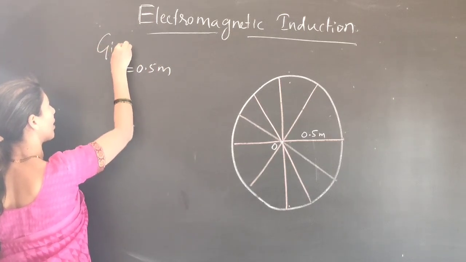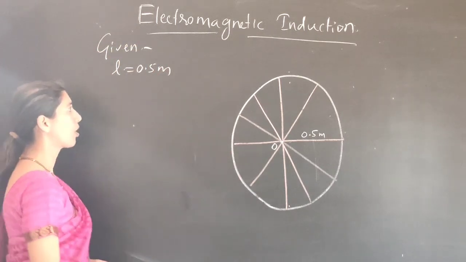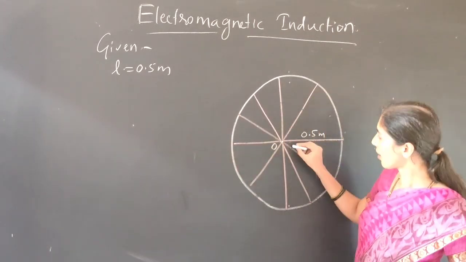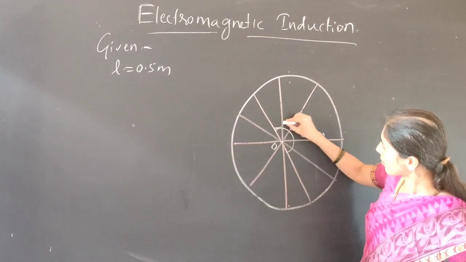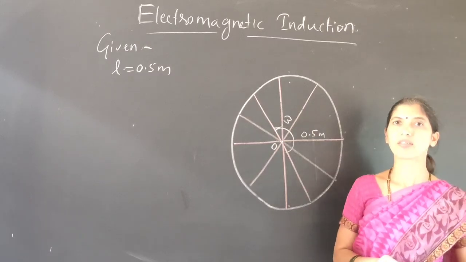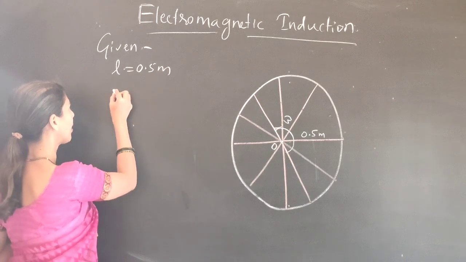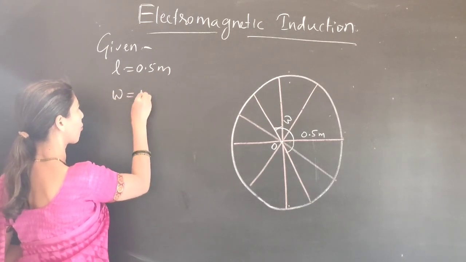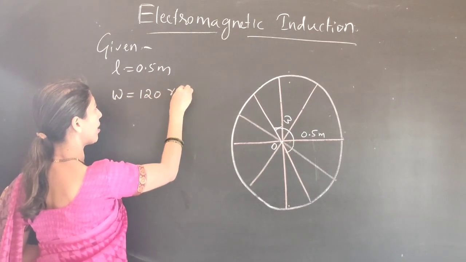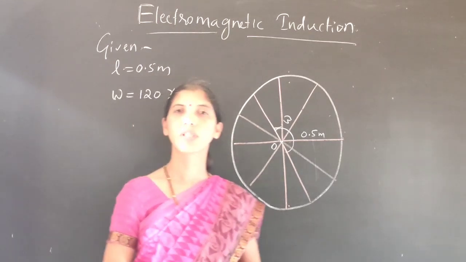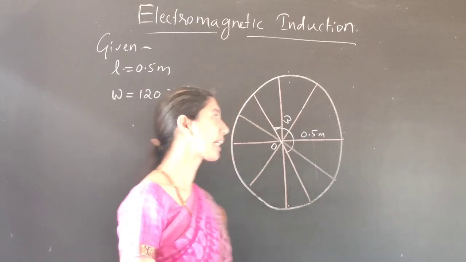These are the given quantities. 0.5 meter. And here this is rotated with a speed of omega. This rotates with a speed of 120 revolutions per minute. That means omega is equal to 120 revolutions per minute. You have to convert this into radian per second.